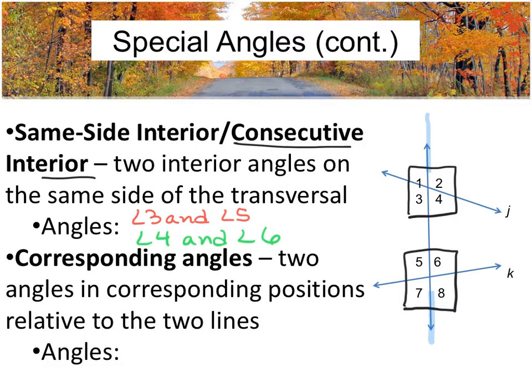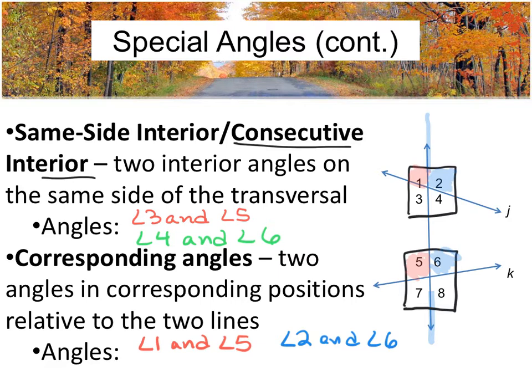And I can see that angle 1 is up here in the top left box. So it's going to match or correspond to the top left of the bottom 4. So I would say that angle 1 and angle 5 are corresponding angles. I can do the same thing for the top right corner, 2 with 6. So angle 2 and angle 6 are corresponding angles.